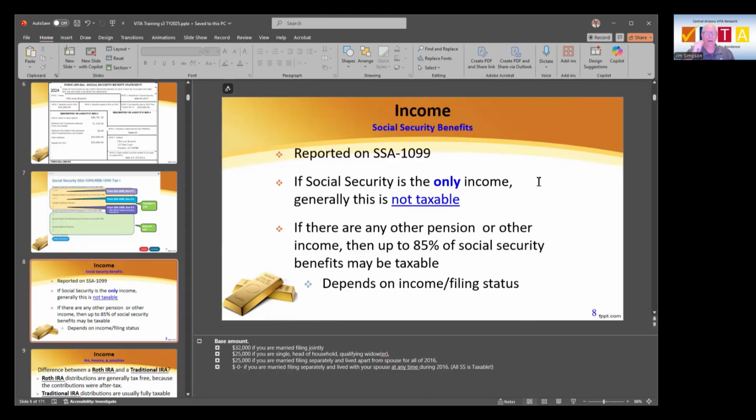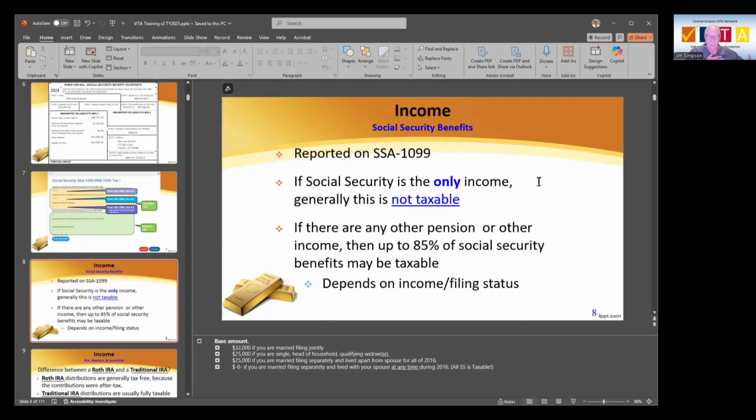But let's talk about, are their benefits taxable? The only way they would become taxable is if they have other income. And the other income depends on your filing status. So if you're married filing jointly and you've got less than $32,000 of other income, maybe you have a part-time job, or you get a distribution from a retirement account or something like that.